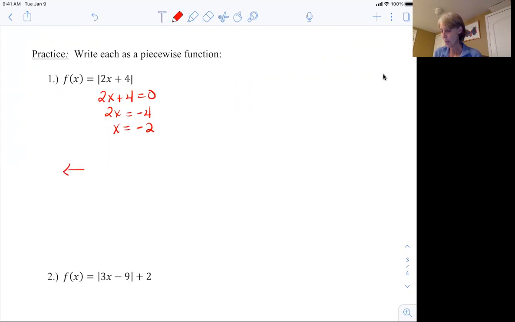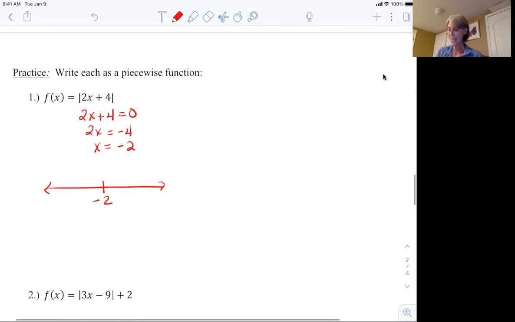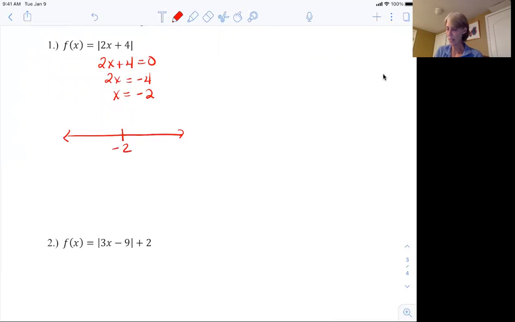We're going to put that number on a number line. Test each side. So if I plug in a number less than negative 2, what do we get inside our absolute value sign? So let's think. If I plug in negative 3, I get negative 6 plus 4, which is negative 2, but basically all I want to think is: is this number positive or negative?